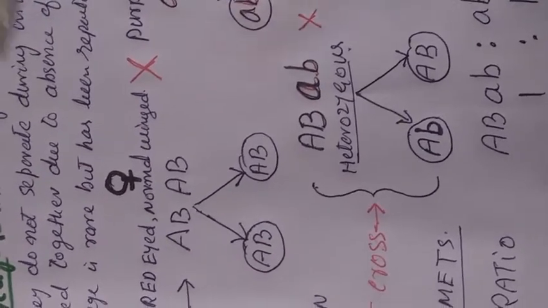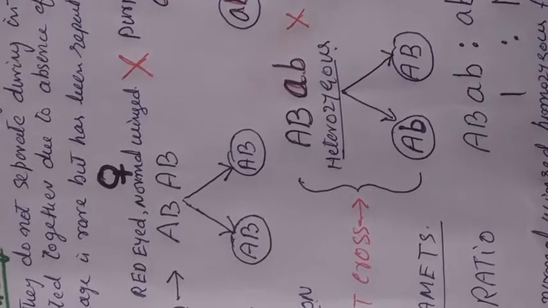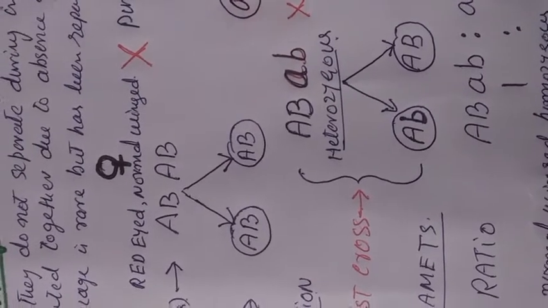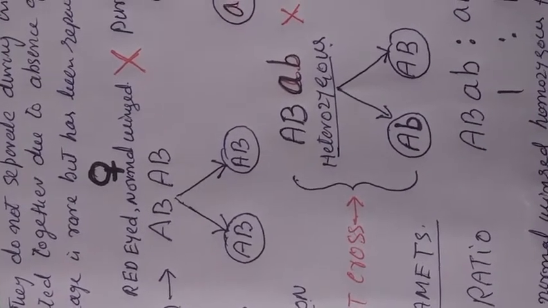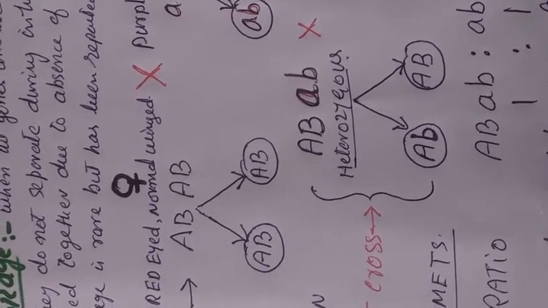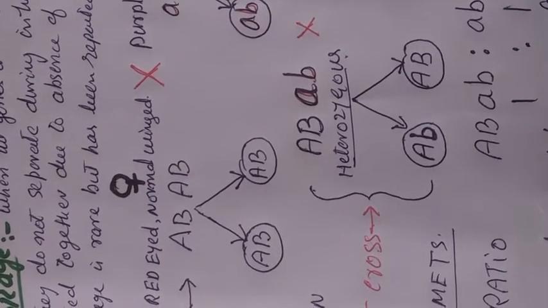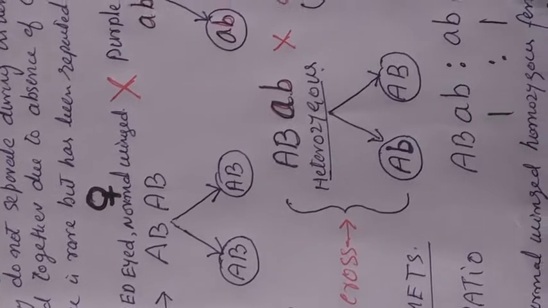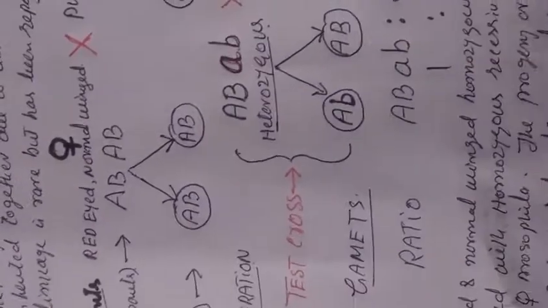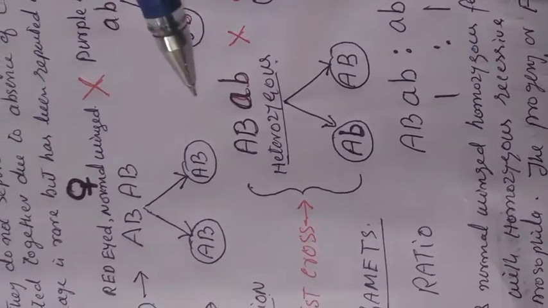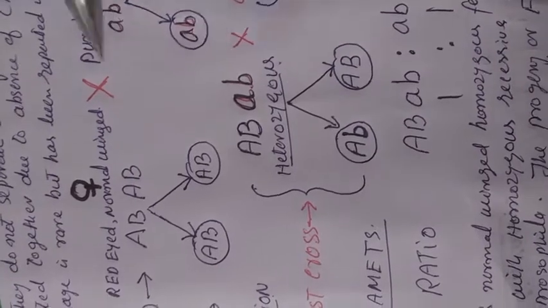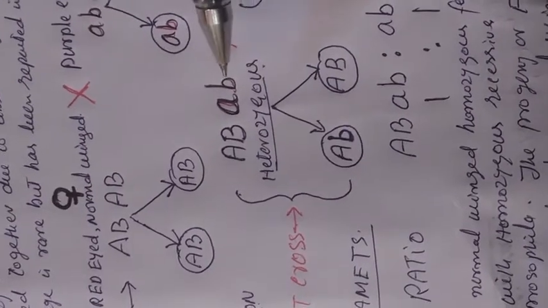For example, when a red-eyed normal-winged female is crossed with a purple-eyed vestigial-winged male Drosophila, the F1 generation produces the heterozygous AB/ab.